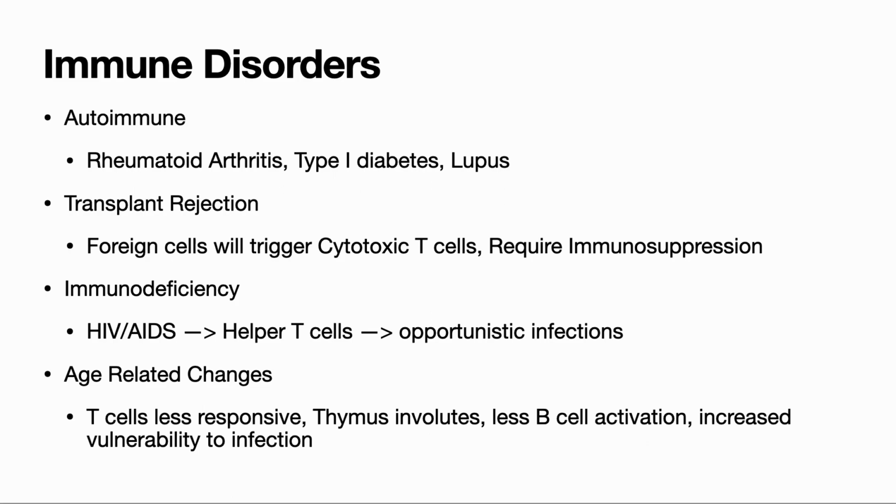Also, just a reminder that we talked about previously, we also see that our thymus involutes with age. So as we get older, we have fewer T cells, and with fewer T cells, there's less B cell activation, and that does also lead us to an increased vulnerability to infection.